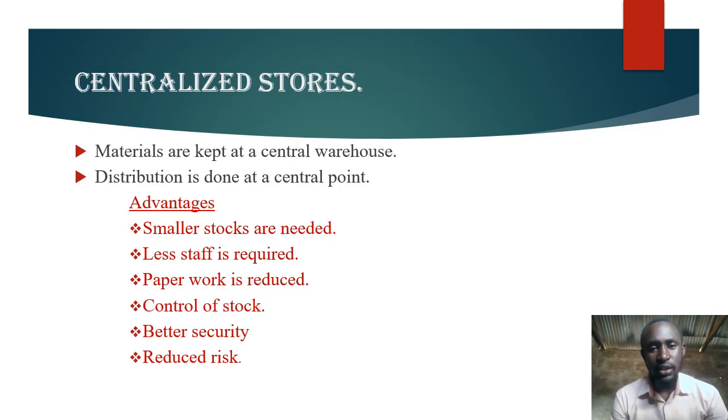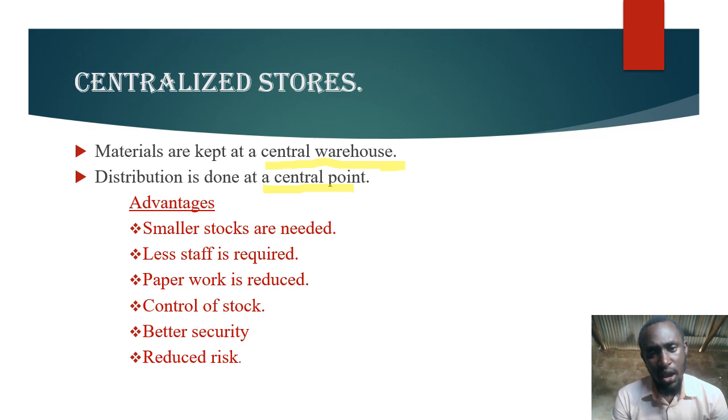In centralized stores, materials are kept in one central warehouse, and these are issued from one central point. Only then is it called a centralized store. We are talking about issuing done at a central place, a central warehouse, where the distribution is done at one point.